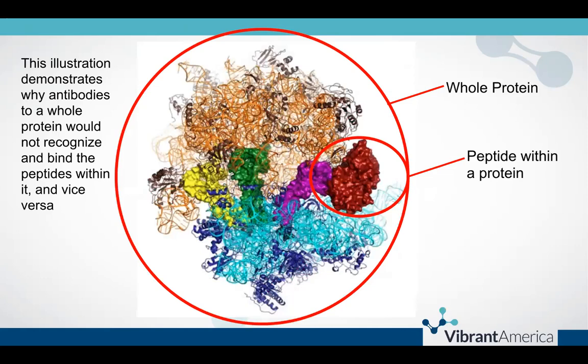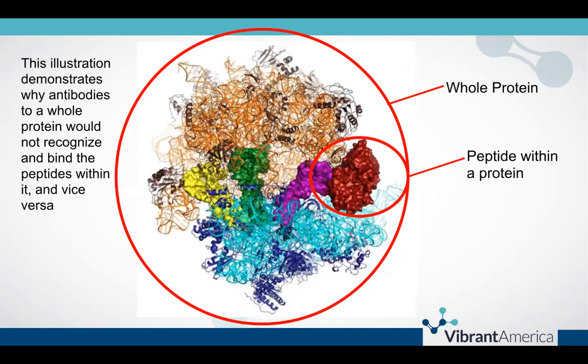You could make antibodies to this entire big globular shape that would be to the whole protein, and those antibodies would not be the same as antibodies to beta casein, the red globular looking protein on the right, because they're not the same shape. You can clearly see that these two things are two distinctly different proteins, and the antibodies to them would be completely different.